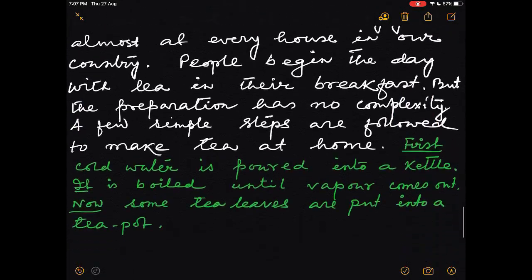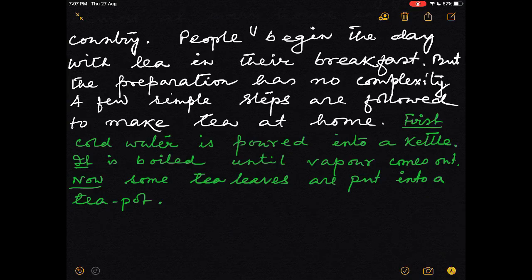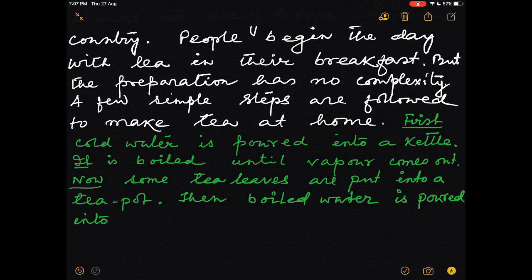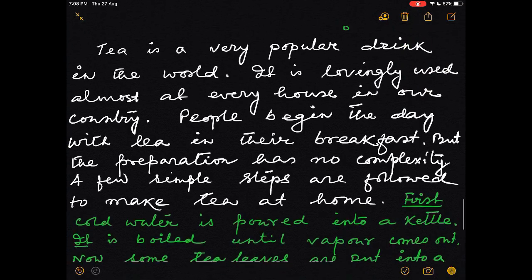Okay, boiled water. Then boiled water, this is the object. Boiled water is poured. Boiled water is poured into the teapot. Okay, then boiled water is poured into the teapot.